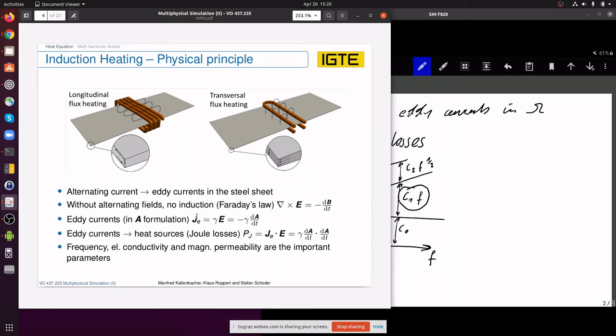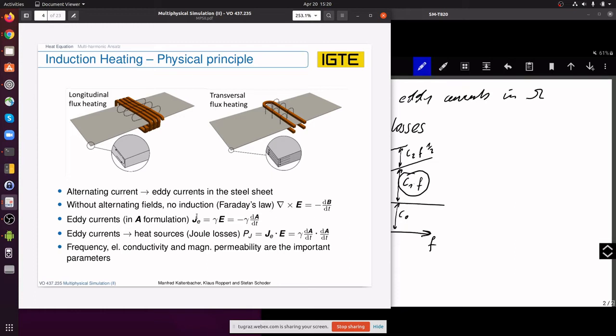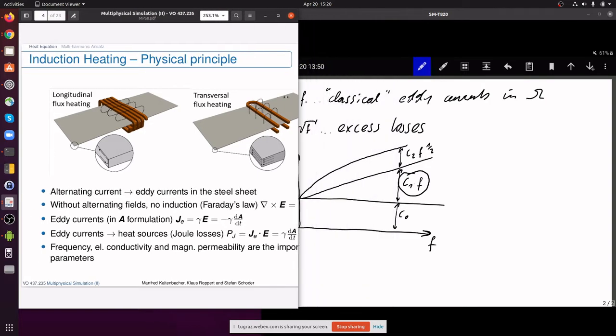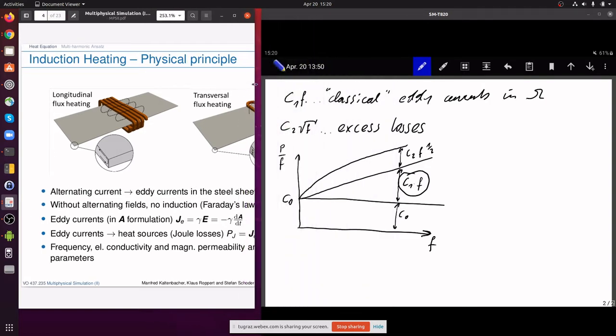For moderate temperatures, so far away from the Curie temperature, as we will be dealing with in this lecture and in the exercise session, the only kind of nonlinearity we are considering is the solution dependent magnetic permeability, so the B-H curve that I've previously drawn, but not the hysteresis curve, only the idealized B-H curve.